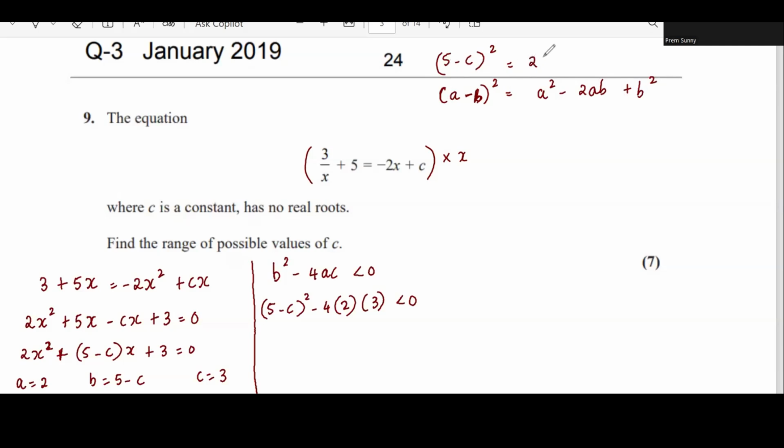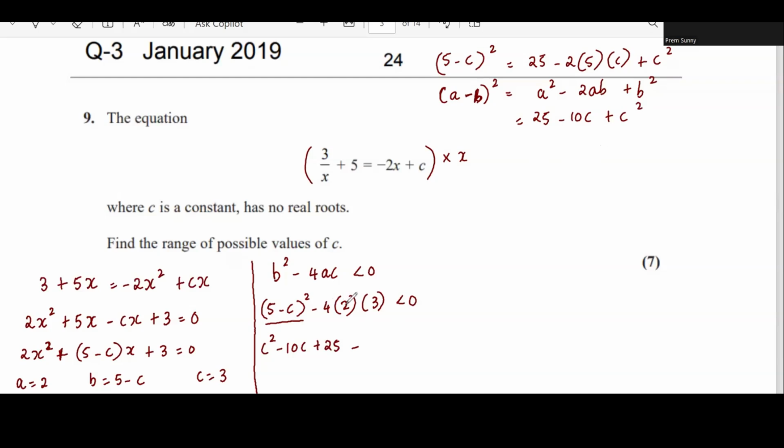So 5² is 25, minus 2 into, instead of a, we know it is 5, instead of b, we know it is c, plus b², instead of b, this is c, so c². So this can be written as 25 - 2 into 5 is 10, 10c, plus c². So (5 - c)² can be written as c² - 10c + 25. I have just arranged the equation, that's all.